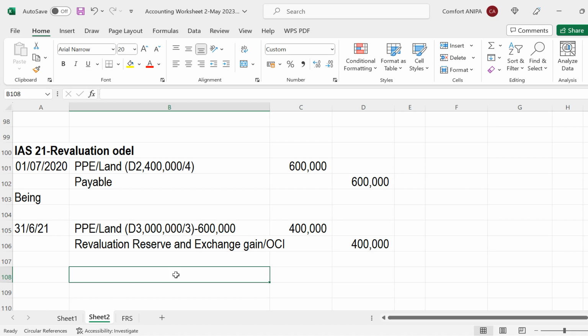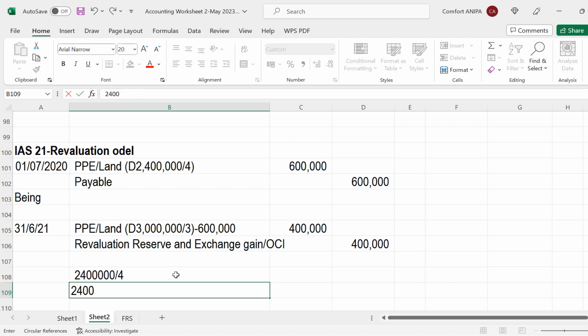remember the 600,000 was already there. The 2,400,000 was already there, which we translated at 4. And so at the end of the year, that same 2,400,000 is translated at 3.